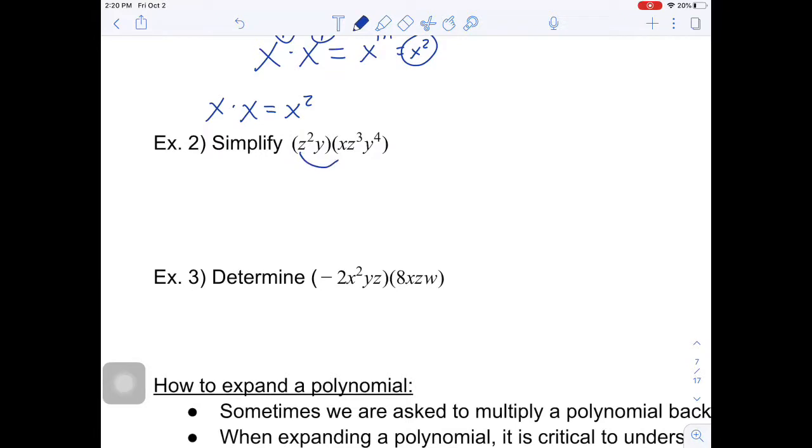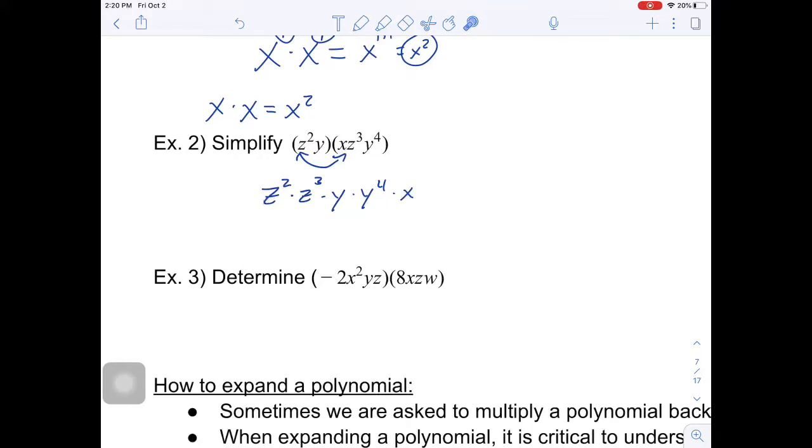So here, I'm going to make these z squared times z cubed right beside each other. Then I'm going to put my y values right next to each other. So y to the power of 1 times y to the power of 4. And then my x is just a loner. He's just going to be by himself, times x.